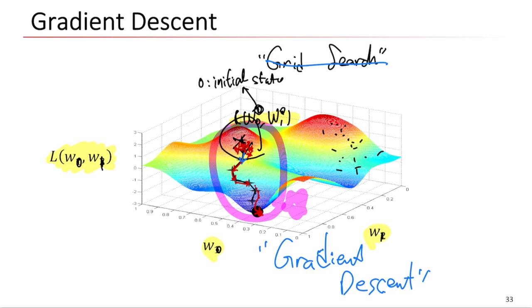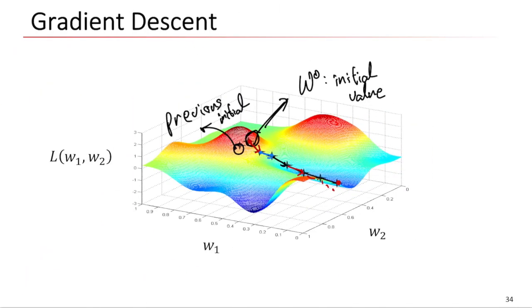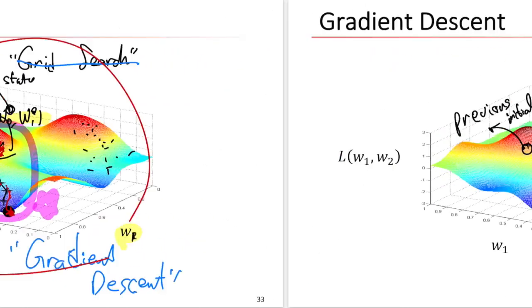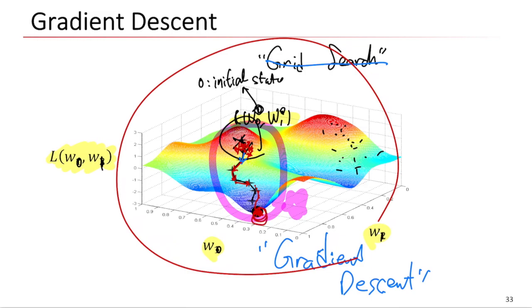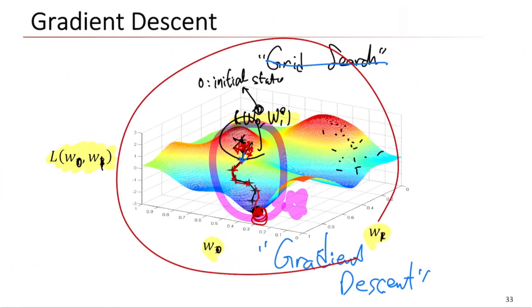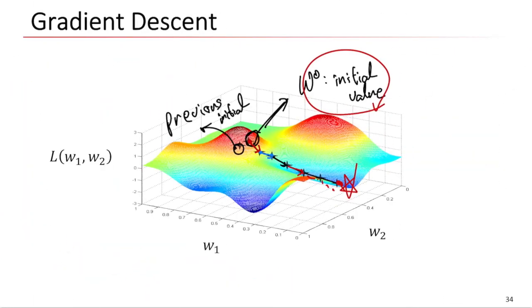Comparing to this, when we use different initial values, we can find another optimal point here. So when comparing this and this, we could say that this is a much smaller value than this one. So we could say this initial value is a better starting point than this one.